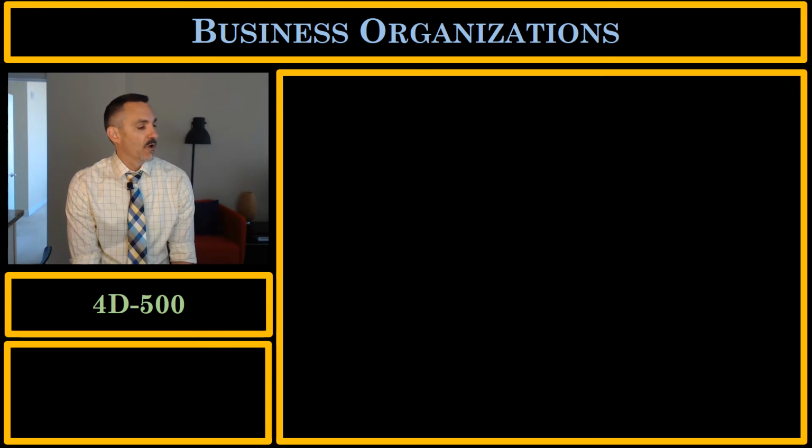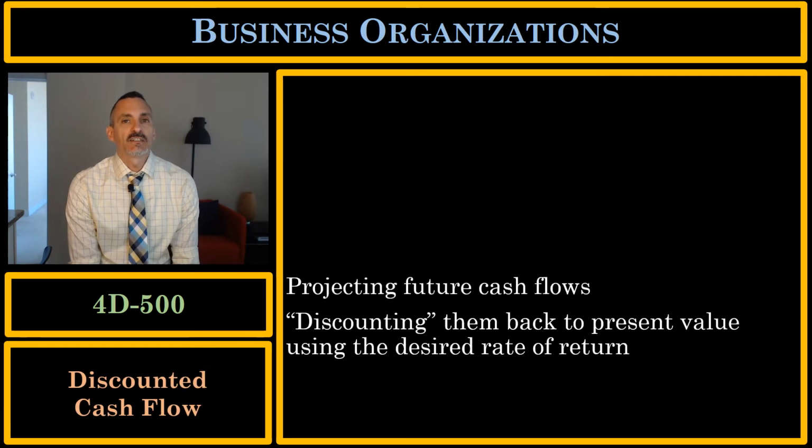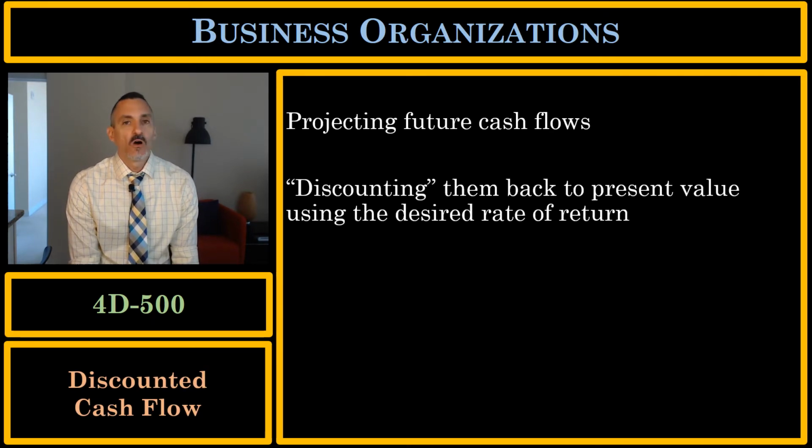All right, so we have been talking about discounted cash flow, and that's all we're doing: taking the projected future cash flows and discounting them back to present value using the desired rate of return. Remember, we projected cash flows for our company over the next 5 years. We had a terminal value, and then we took a rate of return. I think we assumed 15%.